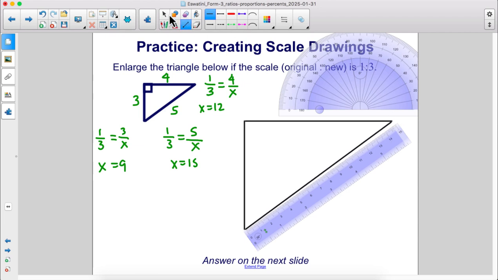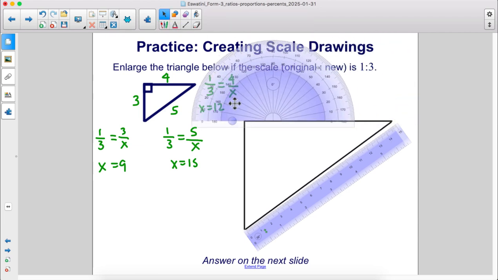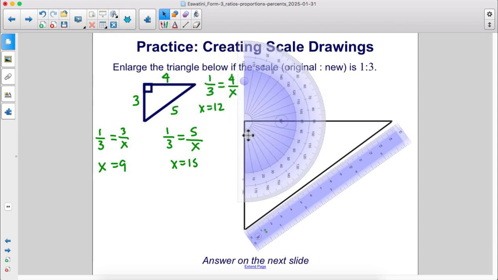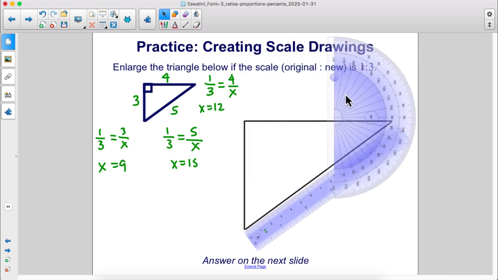Now I'm just going to make sure that's a 90-degree angle by throwing my protractor in here, flipping it around, and yep, you can see that is a 90-degree angle.